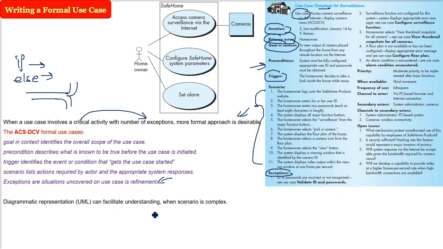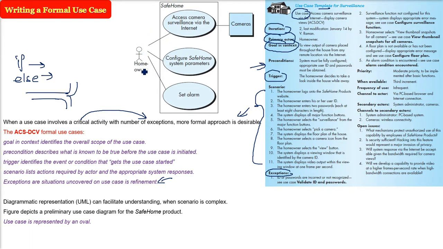So this diagrammatic representation, unified modeling language, can be used whenever your scenario is complex. Better is to use a UML. Now you see here, this is the use case. Here we have a use case diagram. The left is the use case diagram.